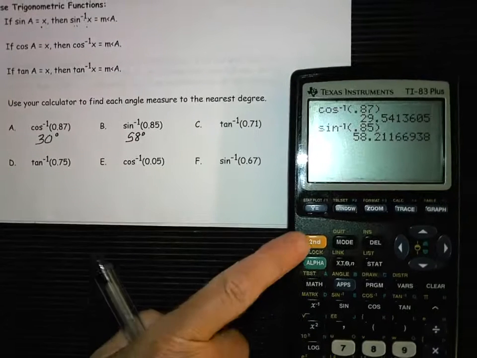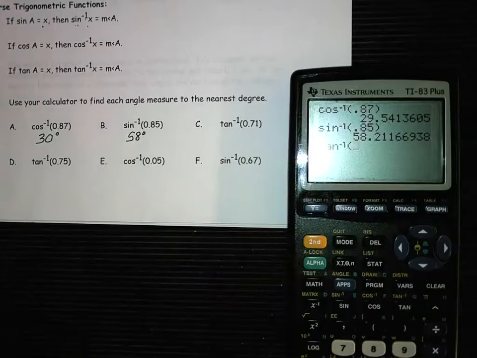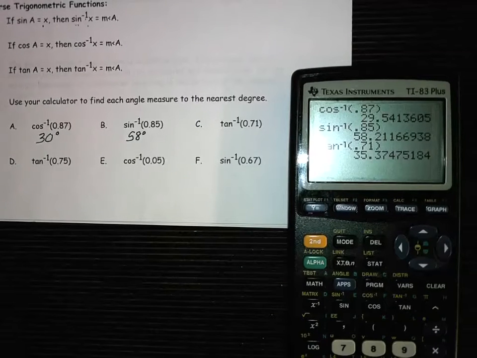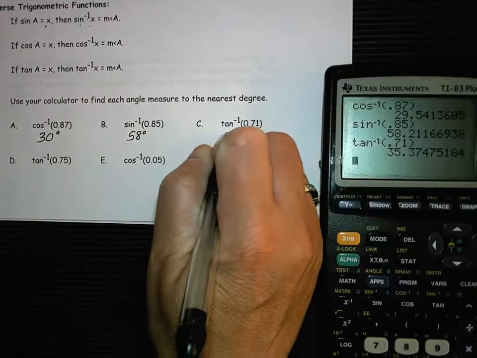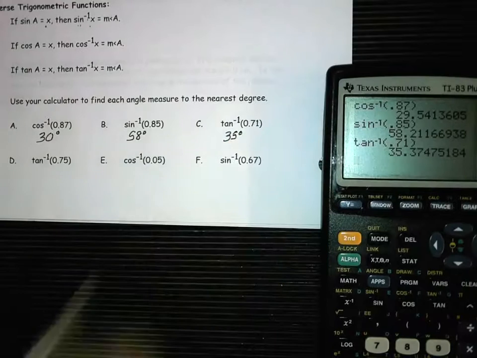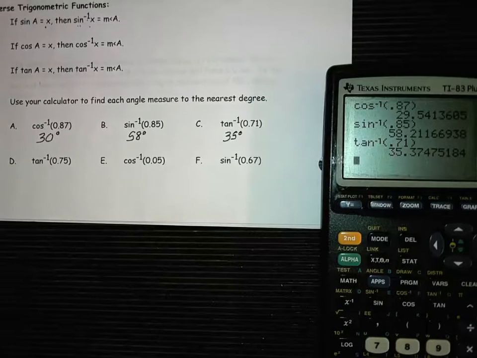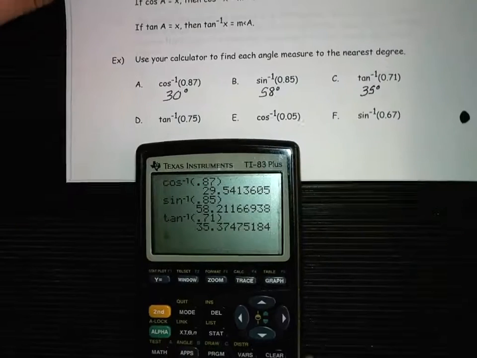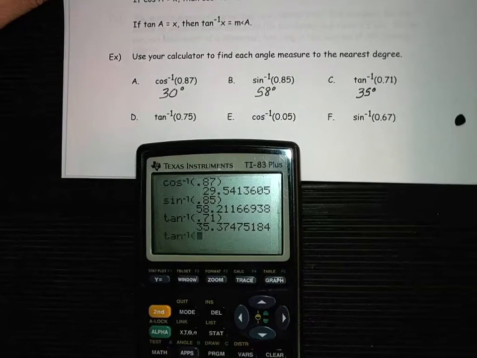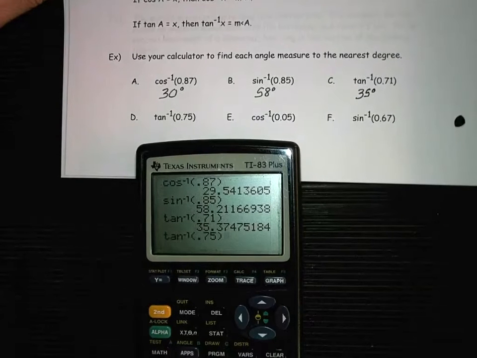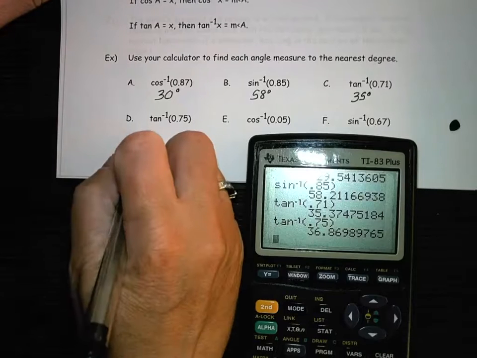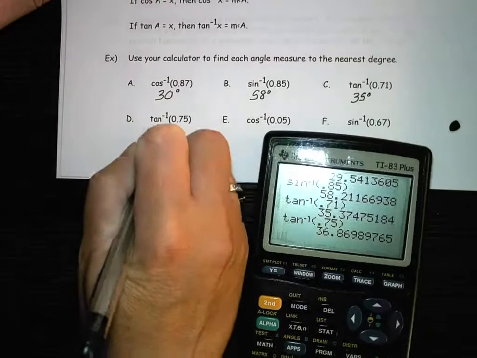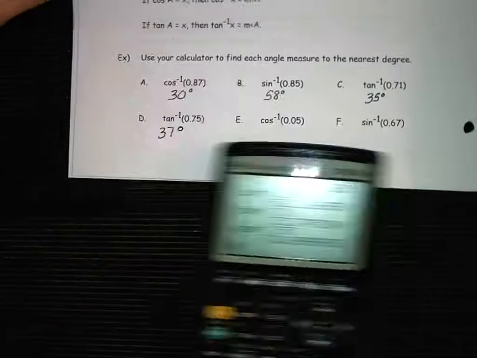And the third one, we do second tangent, 0.71. That comes up with 35.37, so that is a 35-degree angle. And the last three: inverse tangent of 0.75 ends up being 36.8, so that is 37 degrees.